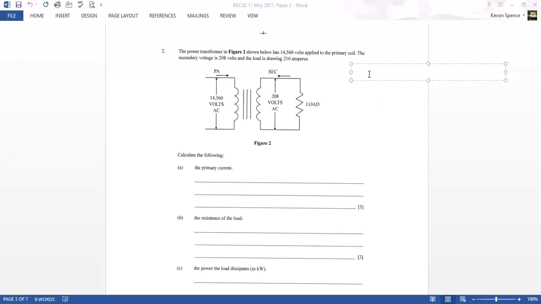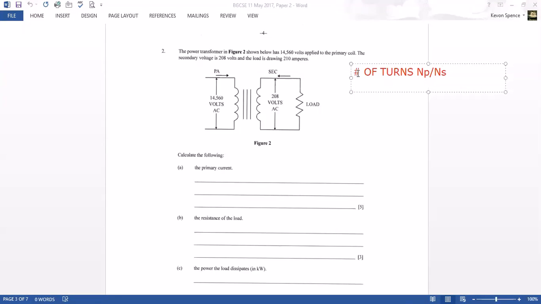The number of turns. Okay, number of turns, the turns ratio. That is NP over NS.